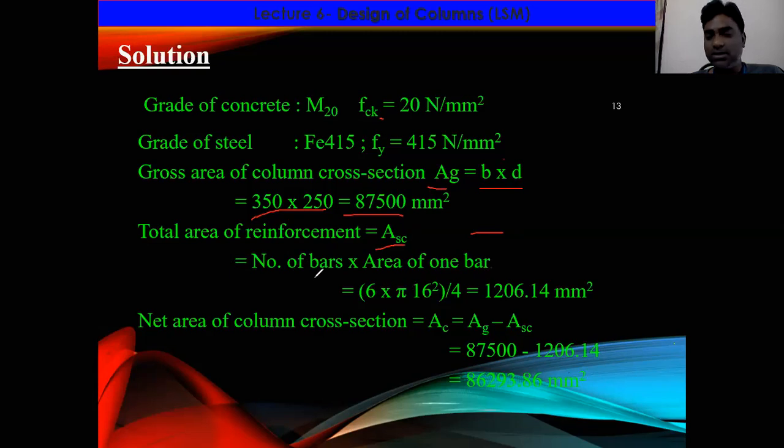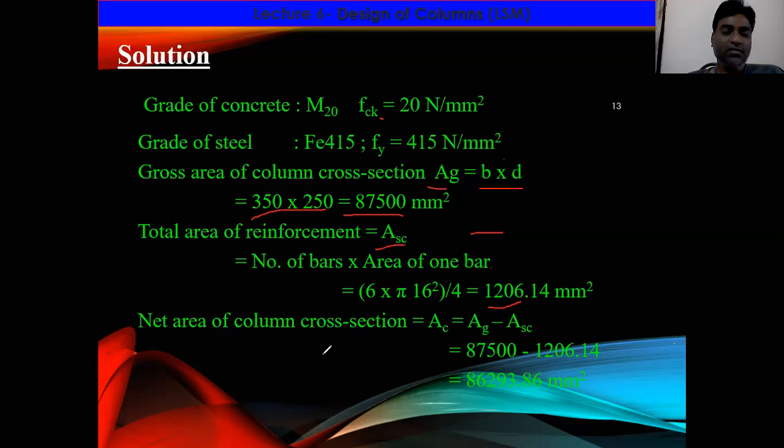Total number of bars into area of 1 bar, you will get total area of steel which is provided as a compression as a longitudinal reinforcement. So here 6 into pi d square by 4 is equal to 1206.14 mm square.